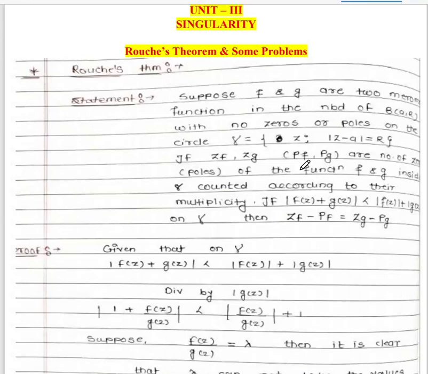If Zf and Zg, Pf and Pg are the number of zeros and number of poles of the functions f and g inside gamma, counted according to their multiplicity, if mod f of z plus g of z is less than mod f of z plus mod g of z on curve gamma, then we have to prove that Zf minus Pf equals Zg minus Pg.